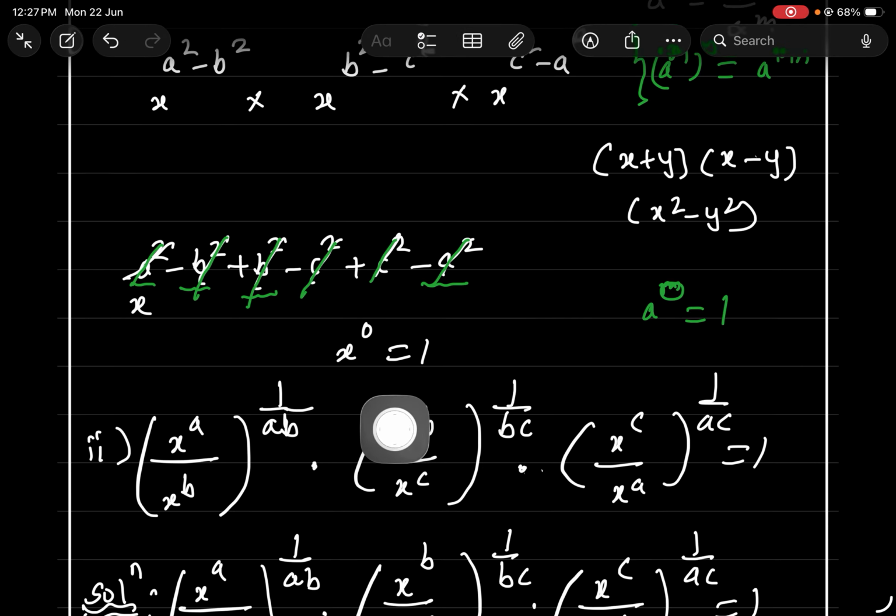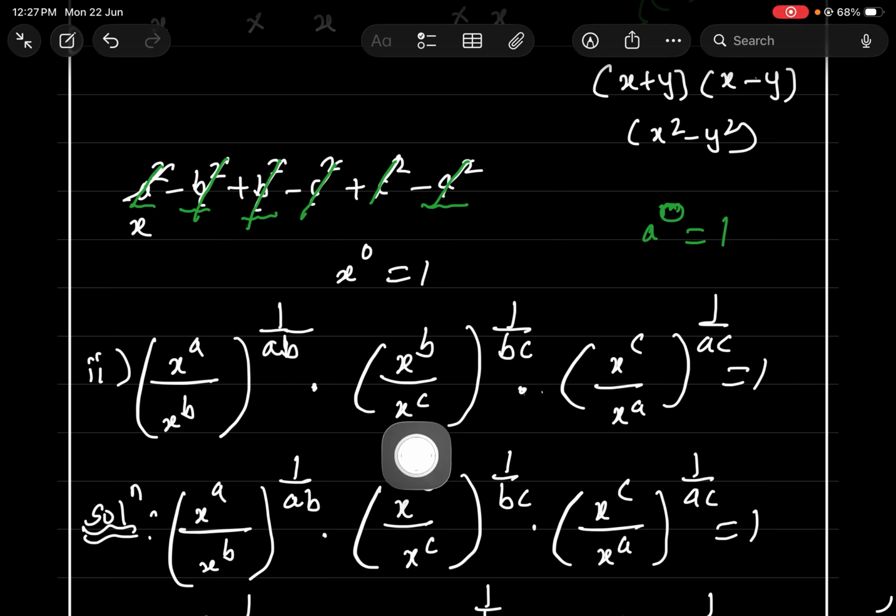Now the second problem: (x^a / x^b)^(1/ab) · (x^b / x^c)^(1/bc) · (x^c / x^a)^(1/ca) = 1.